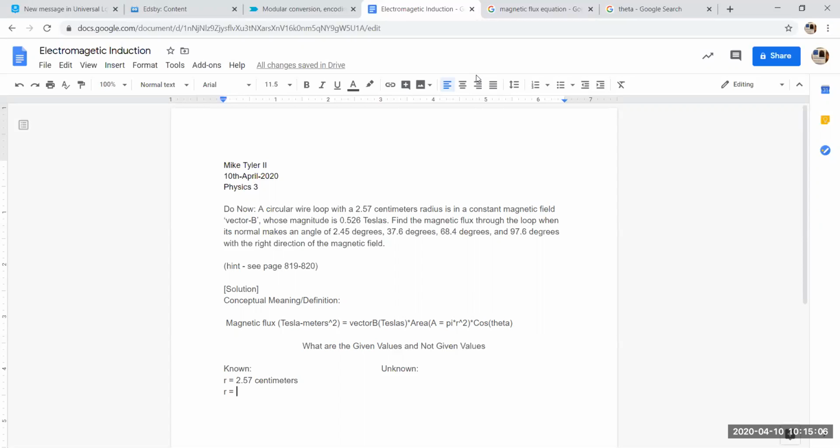So how do we handle that? How do we just make it meters, this 2.57 centimeters? Well, if you understand what the word centi means, this is usually in your book, it's 2.57, and the word centi means times 10 to the negative 2. So times 10 raised to the negative second power, and that's meters now.